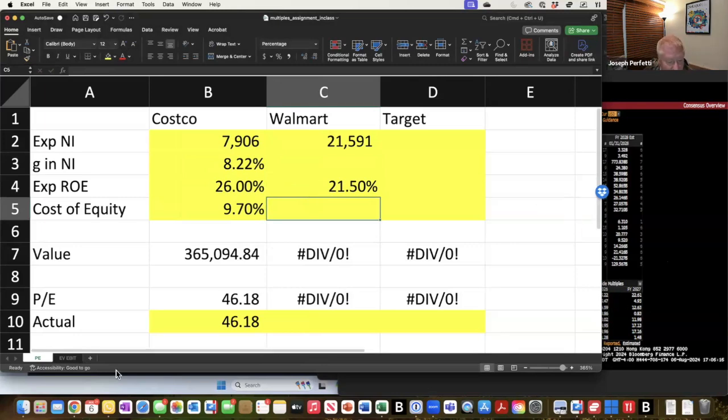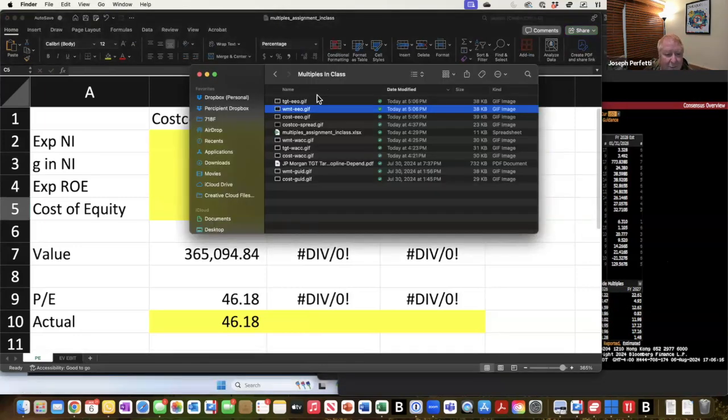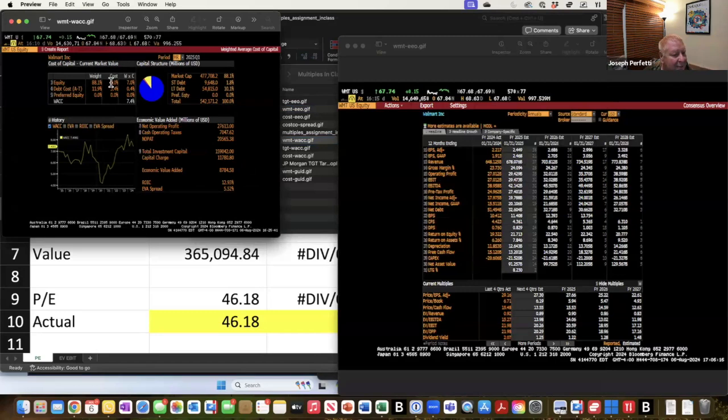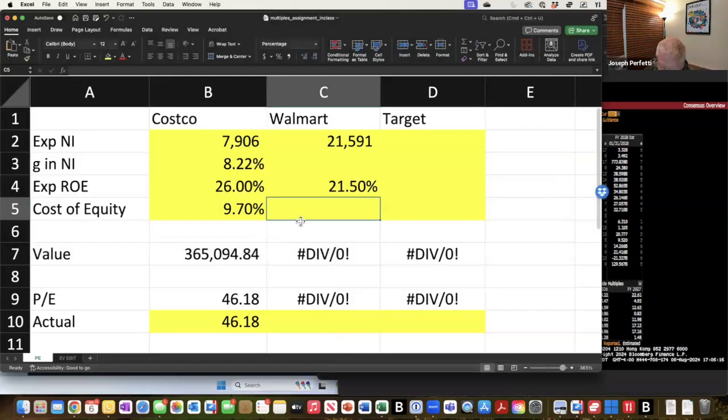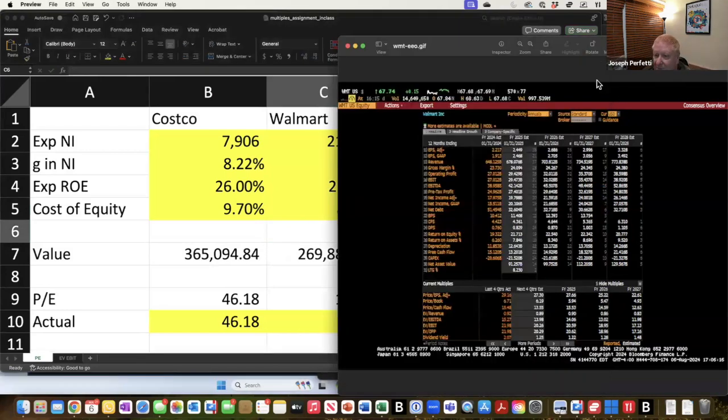And then today, their cost of equity off the WACC screen, Walmart WACC. Cost of equity is 8%. And the PE, which was your question, you can see down here. This is the EEO, same as what we were doing in our DCF. Second forward year, 1, 2, so it's this column. PE, 25.22, right there.